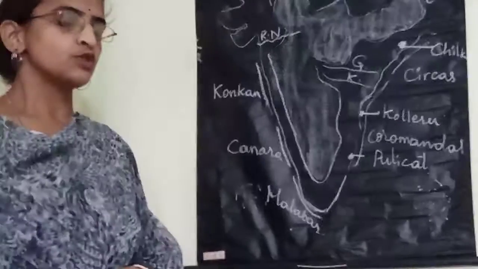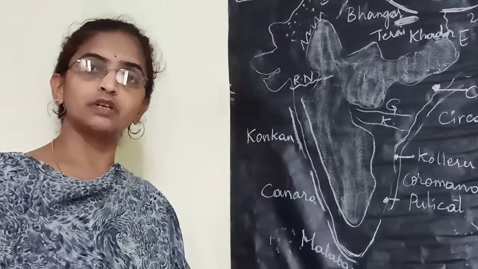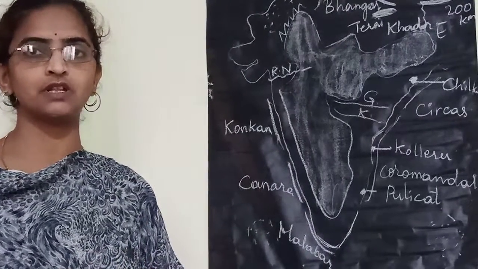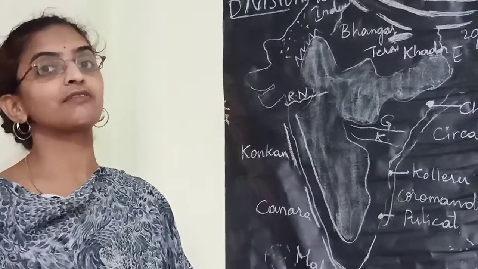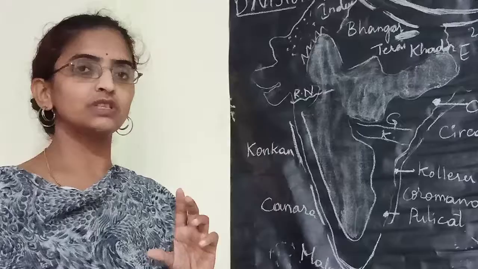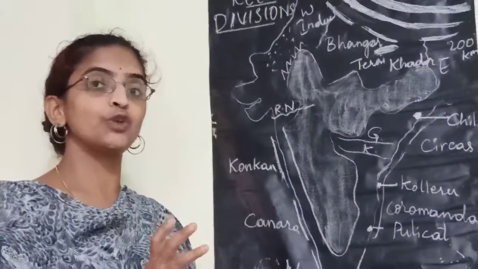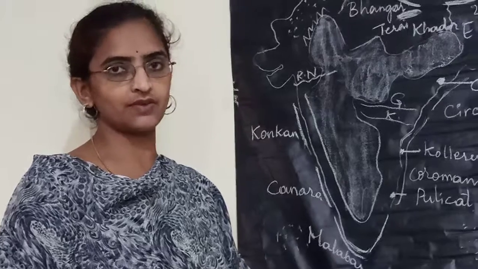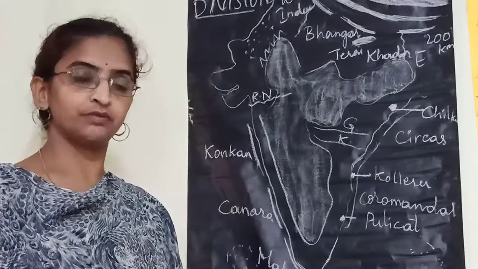What is the meaning of coral reefs? A kind of organisms developed on the skeletons of leftover particles in these islands, maybe the skeletons of fishes or other kinds of animals. The organisms which survive on the skeletons of other animals, developing in the form of structures, are called coral reefs. These coral reefs are a kind of amoeba structure, and they are also used as show pieces, like decorative pieces in our houses. So coral reefs are nothing but organisms which survive on the skeletal parts found in this island group.